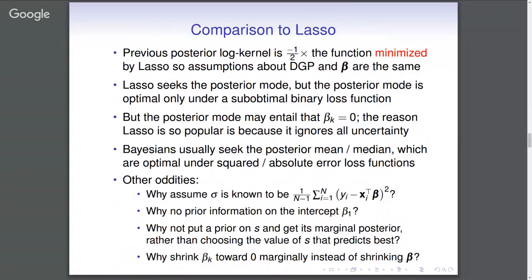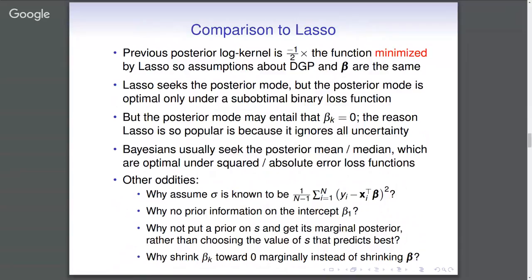But the posterior mode may entail that the mode is at 0 for some of these coefficients, which is the feature of lasso that makes it incredibly popular among data mining people. That you can do this and you come back with estimates for some of the betas that are exactly 0. In which case you sort of conclude that you didn't need to put that predictor into the model. So lasso has this sort of automatic variable selection thing to it.